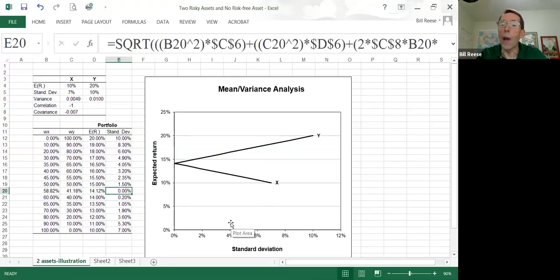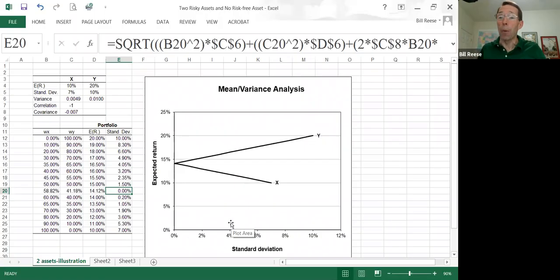When you have two assets that move exactly, perfectly opposite each other, if you put the correct weightings on them, okay, it's not just any weightings, but the correct weightings on them, which sometimes you have to use calculus to be able to figure out, or Solver. But when you get the correct weightings on them, you can create a risk-free portfolio. You can always create a risk-free portfolio if you have two assets that move exactly opposite each other.